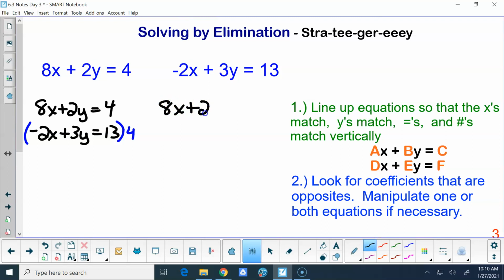8x plus 2y equals 4 for my first one. And my second equation would be negative 8x plus 12y equals 52.